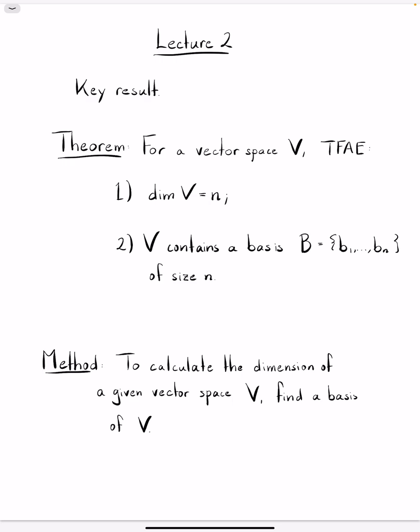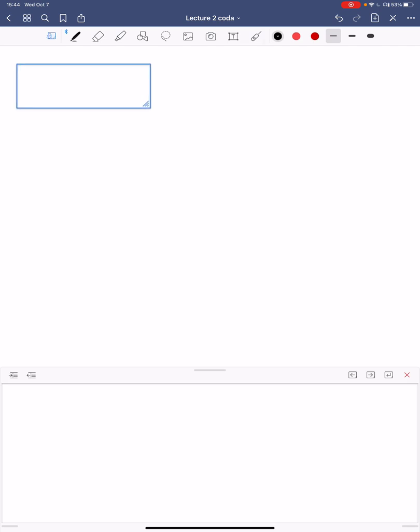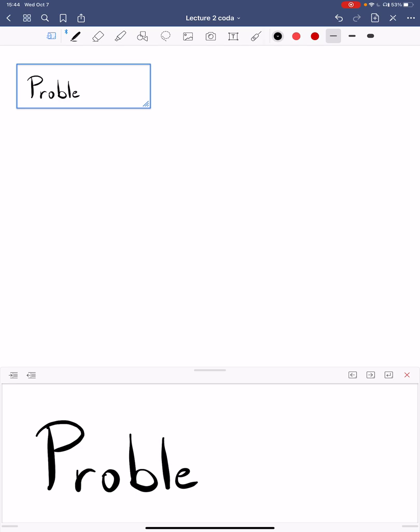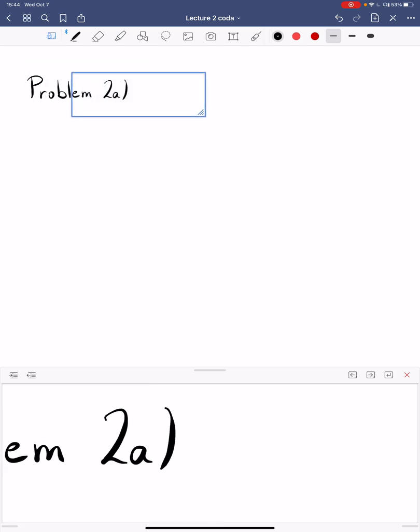This technique brings one of the homework problems into range, and that is problem 2. Problem 2 consists of 2 parts. This is problem 2a, and what does it ask?